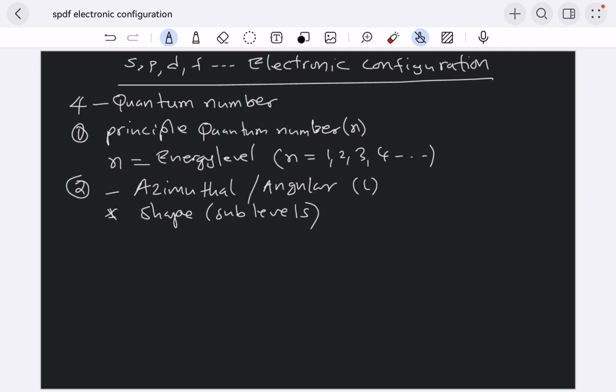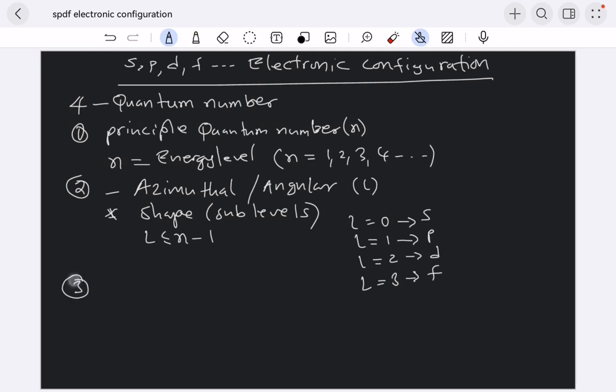It is given by L less or equal to n minus 1, where n represents the principal quantum number. So here, when L is equal to 0, this represents an S. When L is equal to 1, represents a P. When L is equal to 2, represents D. When L is equal to 3, represents F, and so on and so forth.